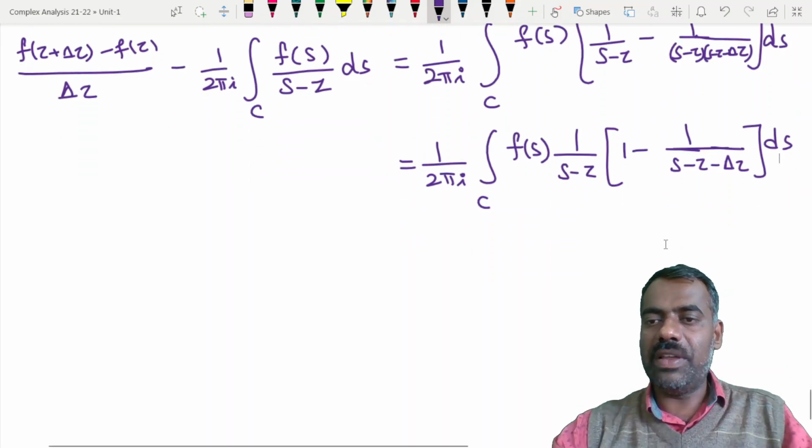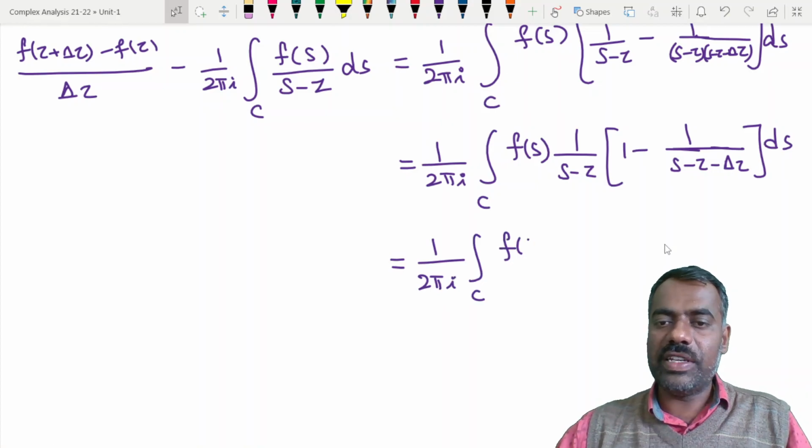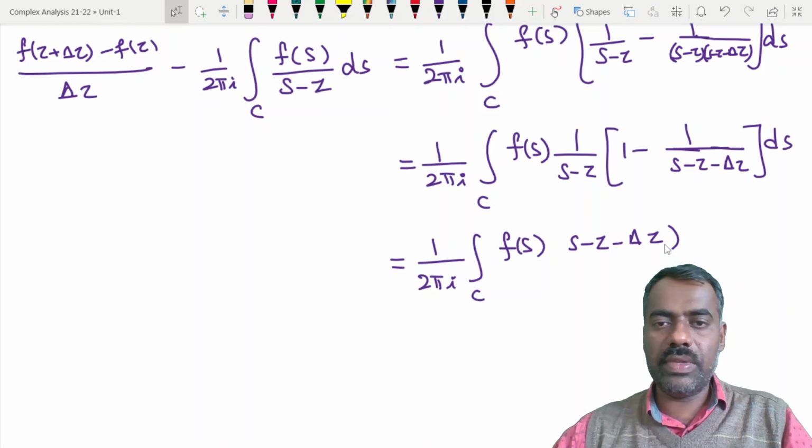That you can simplify, this is again the same as 1 by 2 pi i, integration over C of f of s, into this s minus z minus delta z we will have, and minus 1. We will get it wrong.